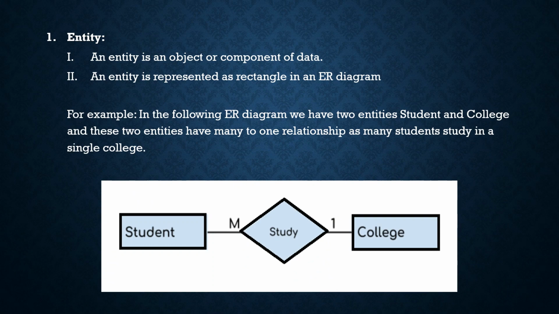Here, student is an entity, college is another entity, and the relationship between these two is shown using the diamond shape, and here that is study. Many students may study in a single college, so it is a many to one relationship.